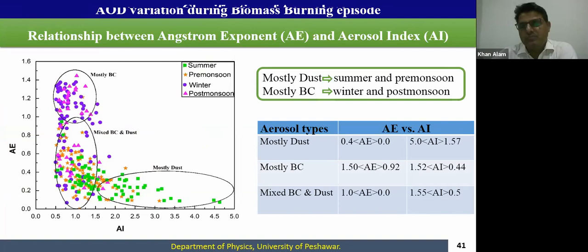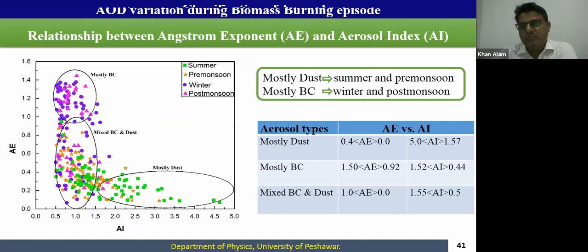For that, we define a threshold: if the Angstrom exponent lies between 0.4 and 0, however the AI, the aerosol index, lies between 5 and 1.57, it corresponds to dust particles.